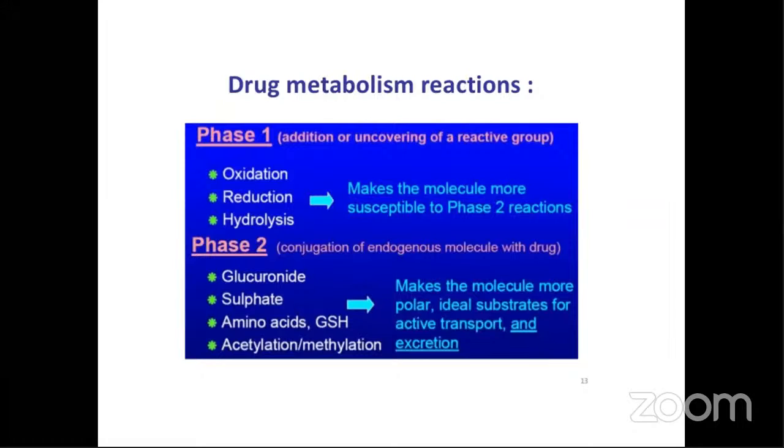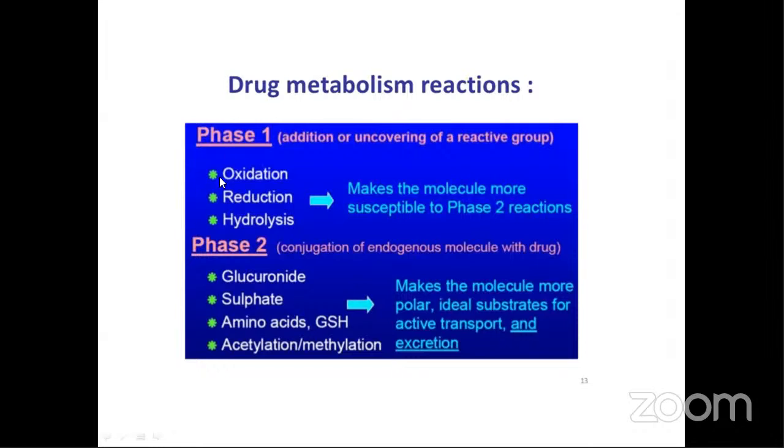Then what are the different phases involved in the drug metabolic process? I already told you there are two phases, phase 1 and phase 2. Under phase 1, you have oxidation, reduction and hydrolysis. There may be addition or uncovering of a reactive group.